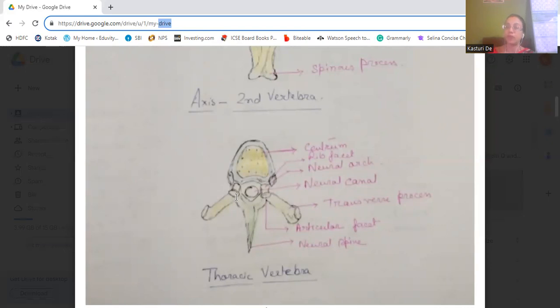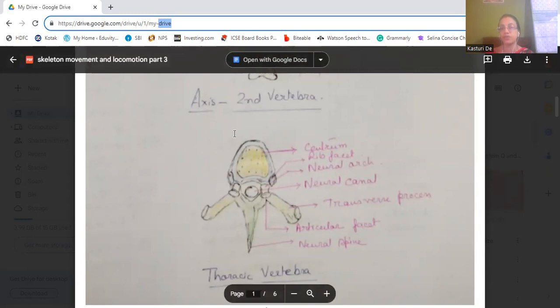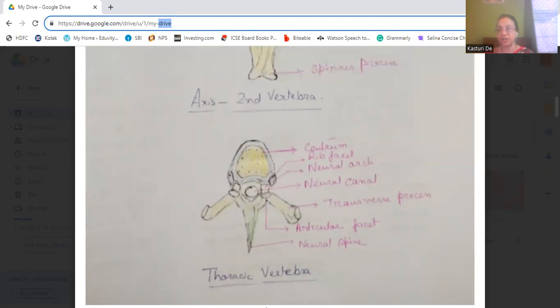Then comes the thoracic vertebra, all of which are typically like this. What is the typical structure of a thoracic vertebra? They have a body which is known as centrum, and the rib facets.